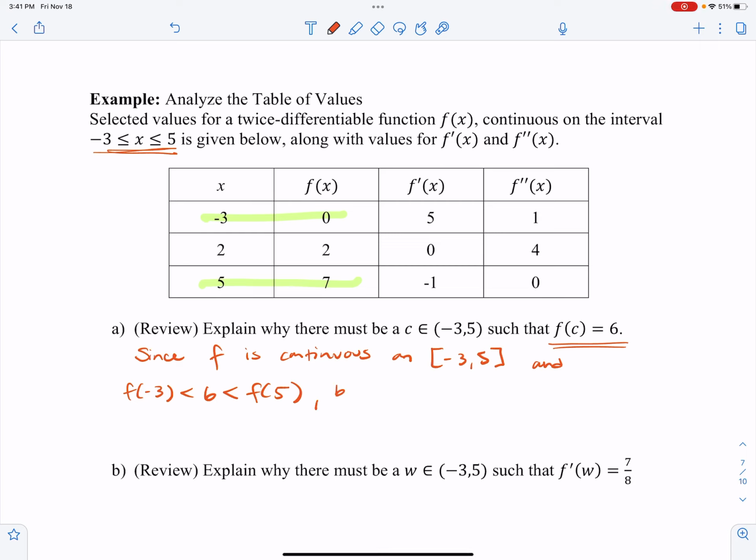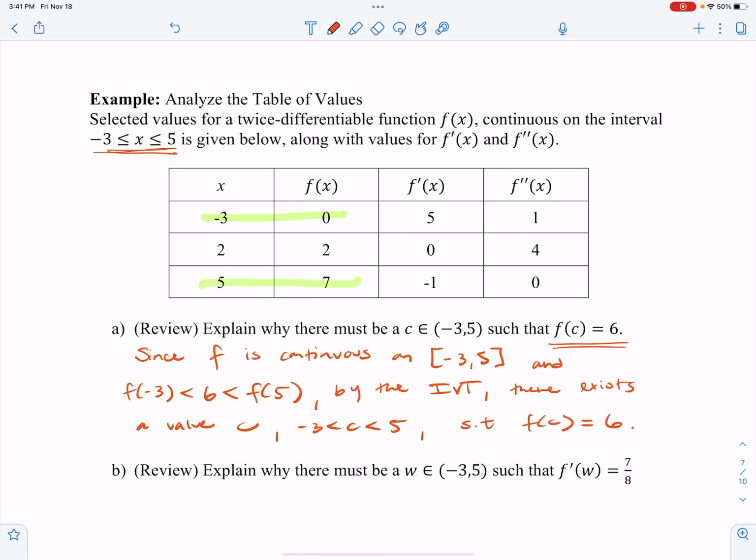So since f is continuous on the closed interval, and that inequality is true, by the intermediate value theorem, by IVT, there exists a value c, since they mentioned c, on the interval from -3 to 5, could use interval notation as well, such that f of c is equal to 6.